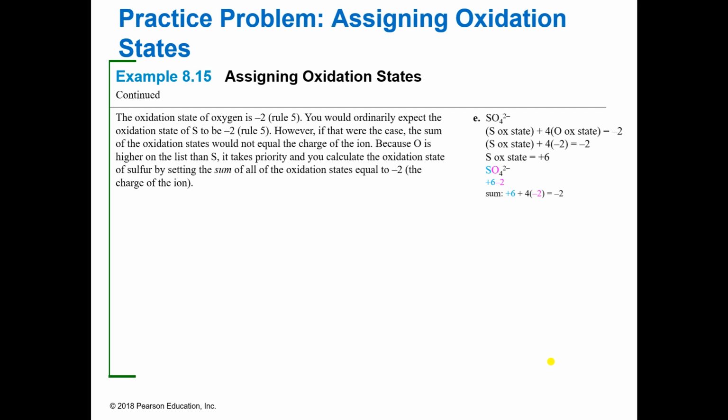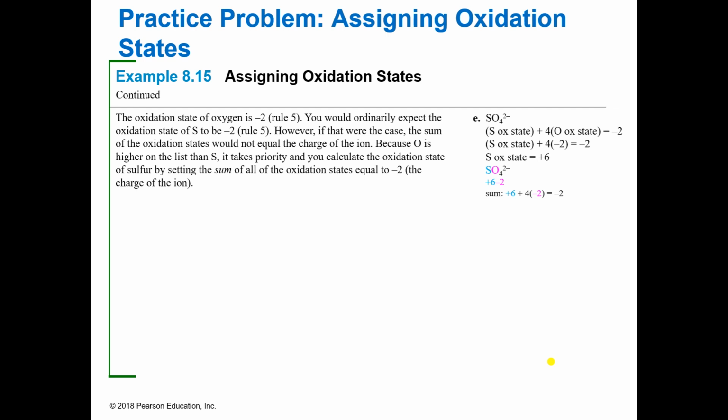SO4 2-. This is where we have to set the oxidation numbers of the S and the O equal to -2 because it is overall charged. And therefore, we can just, again, set up a quick algebraic equation. We don't know what sulfur is, but because we do know what oxygen is, we can figure out sulfur. We know oxygen is 2- and that there are 4 of them, and that, plus whatever sulfur is, must equal -2 because the entire compound is overall charged.